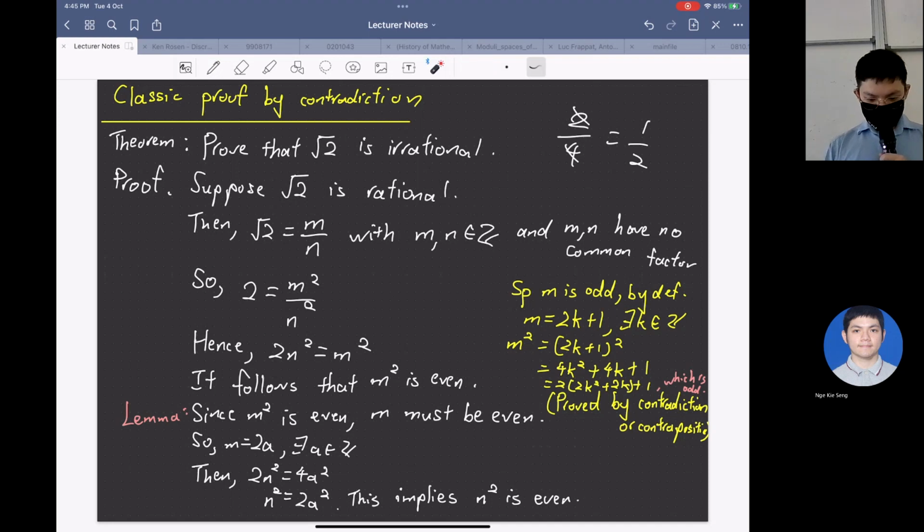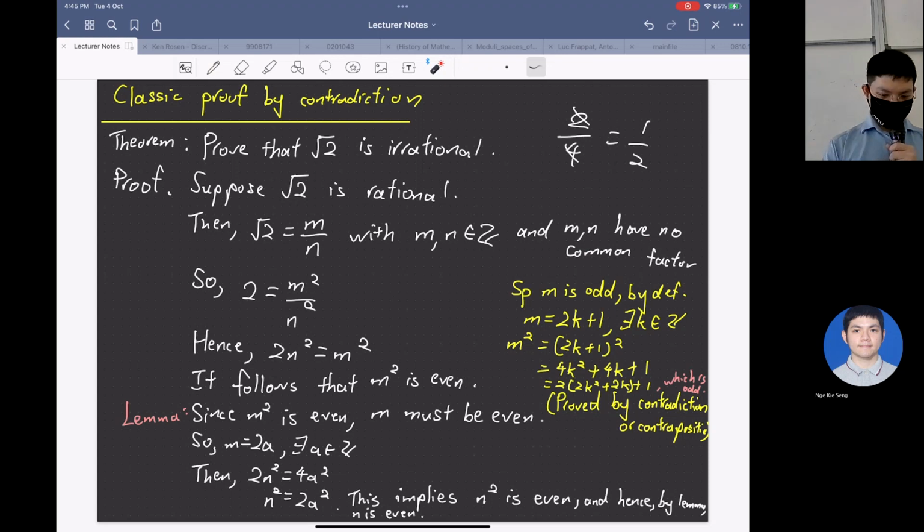So you see, n squared is even, and hence by the lemma, n is even, right? So m is even, n is even, but I said that m and n cannot have a common factor, right?